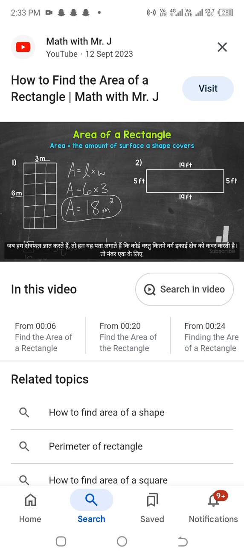When we find area, we find how many square units something covers. So for number 1, how many square meters does this rectangle cover?